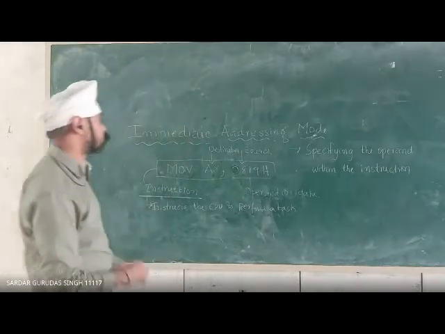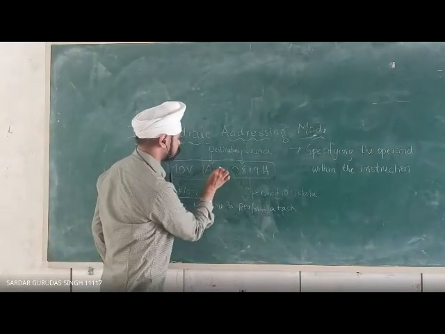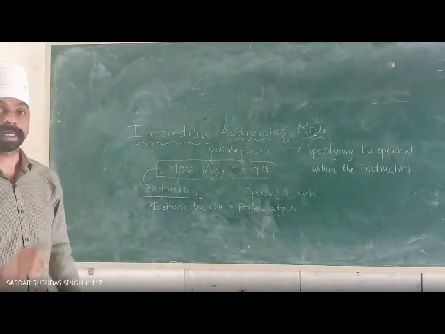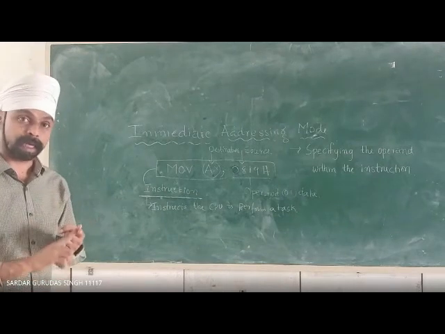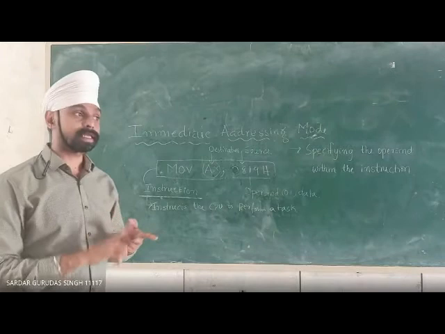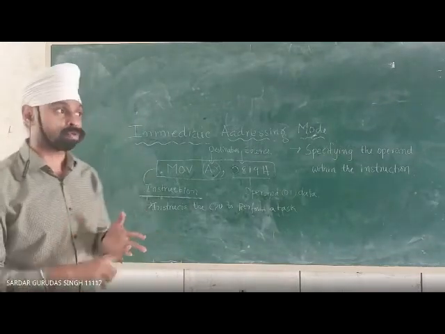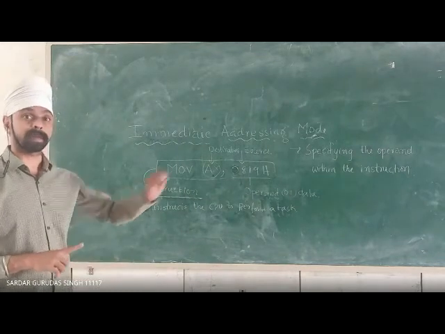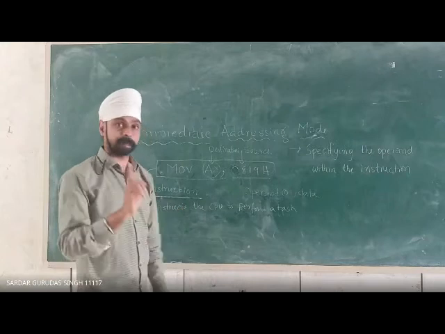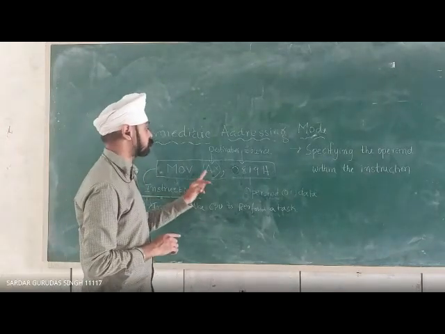Another thing you need to keep in mind is that the destination can be any of the registers. It can be AX, BX, CX, DX, or SI, DI, base pointer, source index, or any type of register, apart from segment registers.